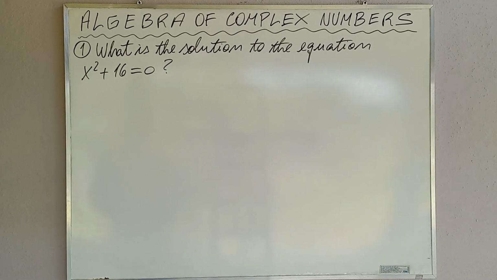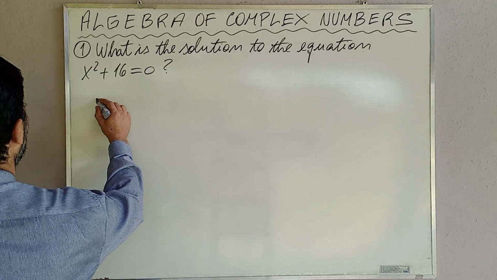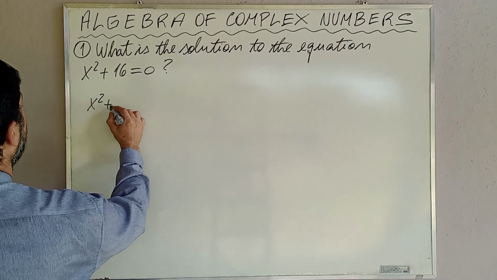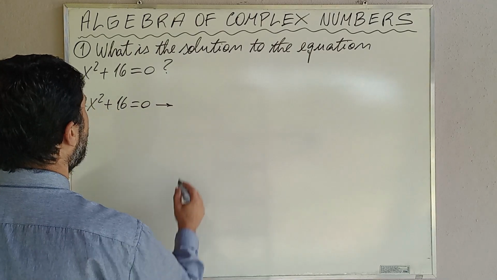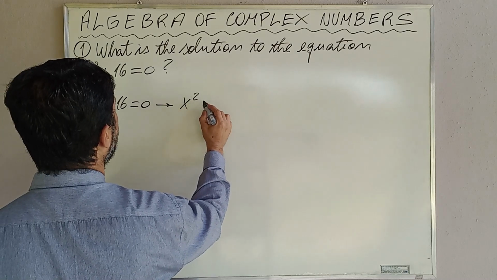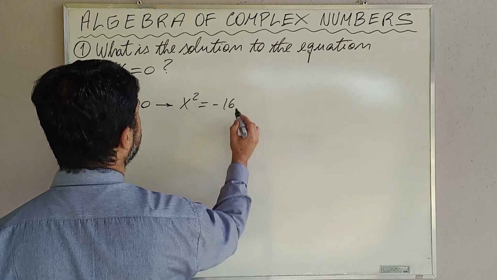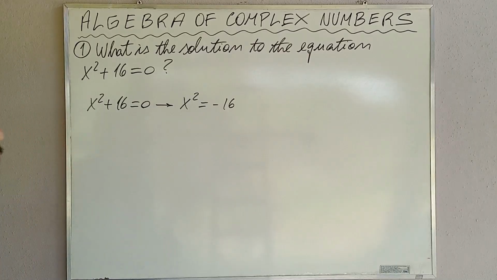Initially, we isolated the quadratic term. In this way, x squared plus 16 equal to 0 becomes x squared equal to negative 16. At this point, a fundamental question arises. Is there a real number whose square is negative?